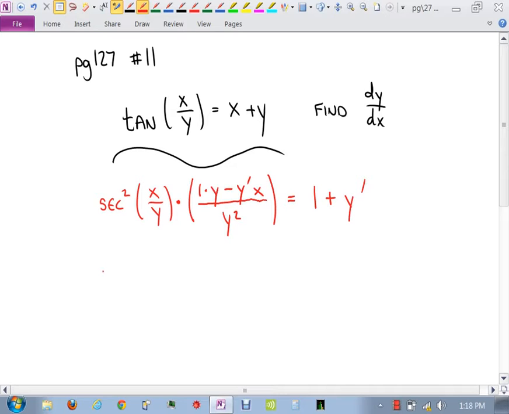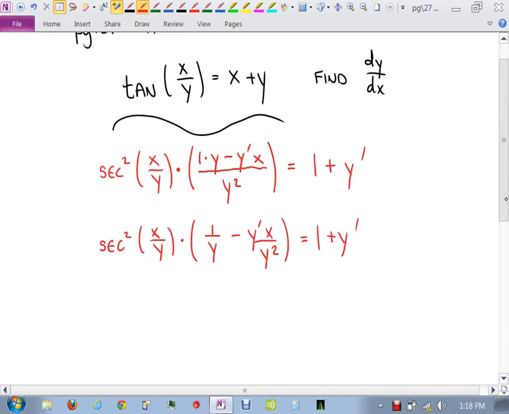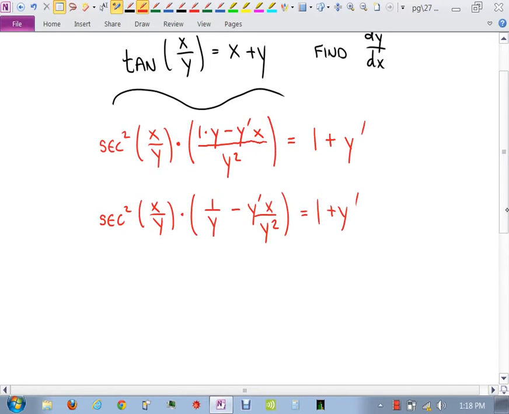Let me try and clean this up. I have secant squared x over y times 1 over y minus y prime x over y squared equals 1 plus y prime. What did I do there? I just separated this into two fractions.